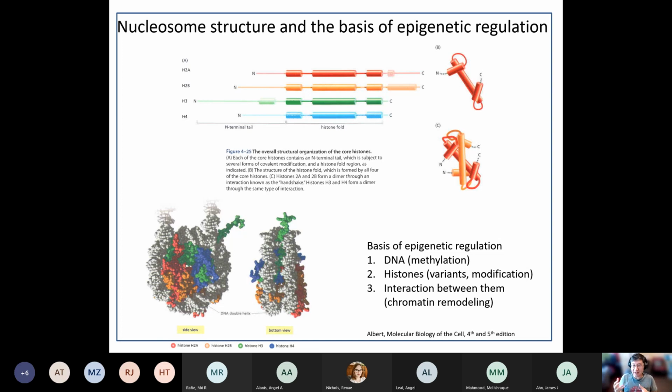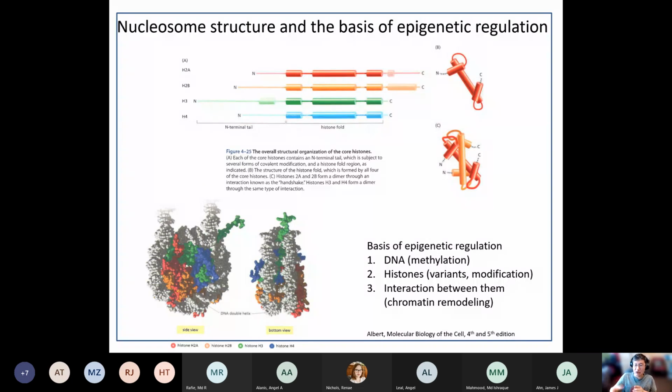So if you have a modification there, it could disrupt the interaction between two nucleosomes or mediate the interaction between two nucleosomes. So both can happen, in both directions: either association or disruption of an association.